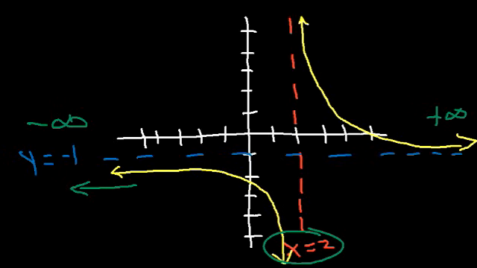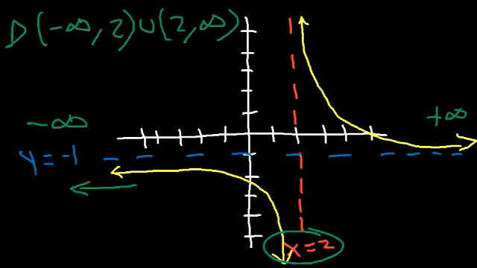So therefore, we need to remove this x value from the domain. So the domain is going to be -infinity to 2 because it doesn't include 2, and then union 2 to infinity. So x could be anything from -infinity to 2, but not 2 itself. And it could be anything above 2 to infinity.